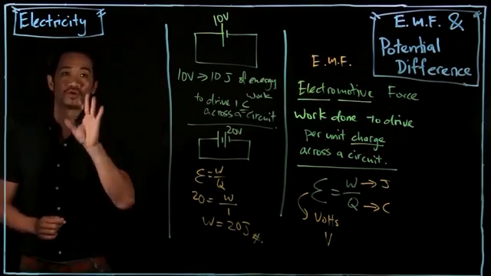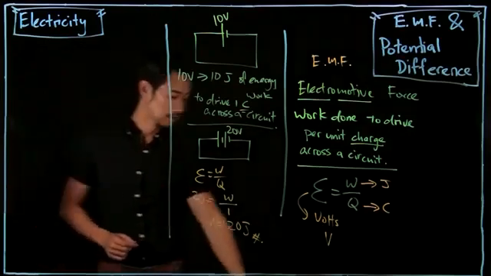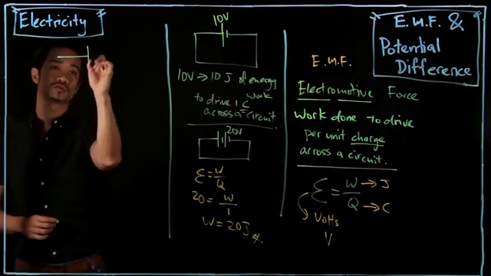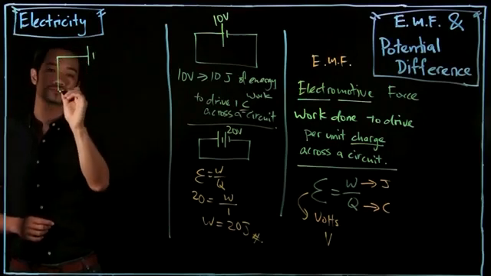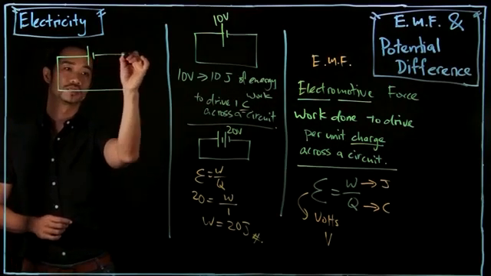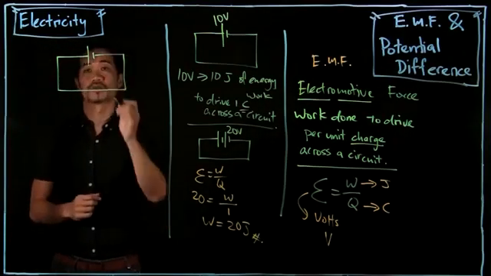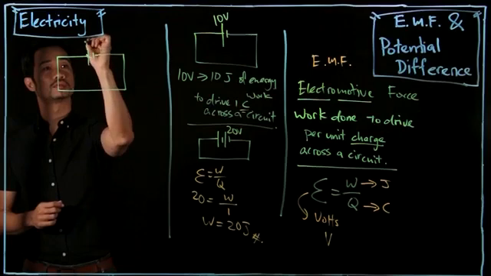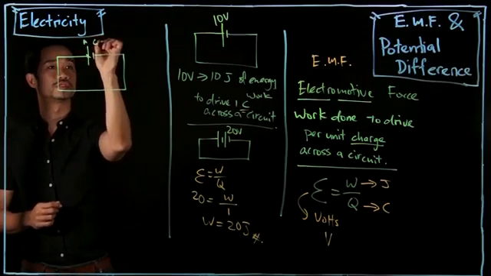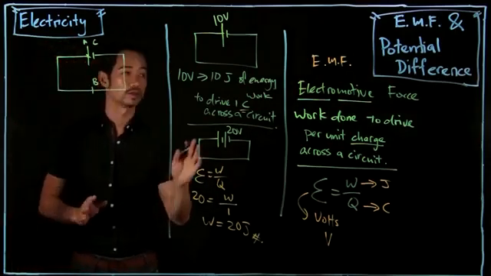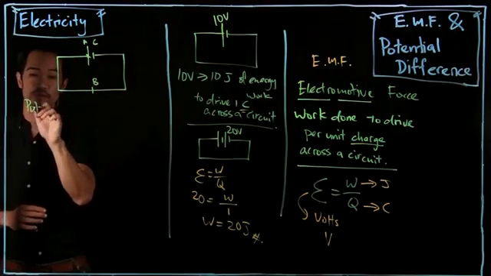Next is the concept of potential difference. Let me draw another circuit here. We have a dry cell, and a closed circuit. Now I'm going to break up the circuit into parts. Let's say I call this point A, this is point C, and right in the middle here is point B. What is potential difference?